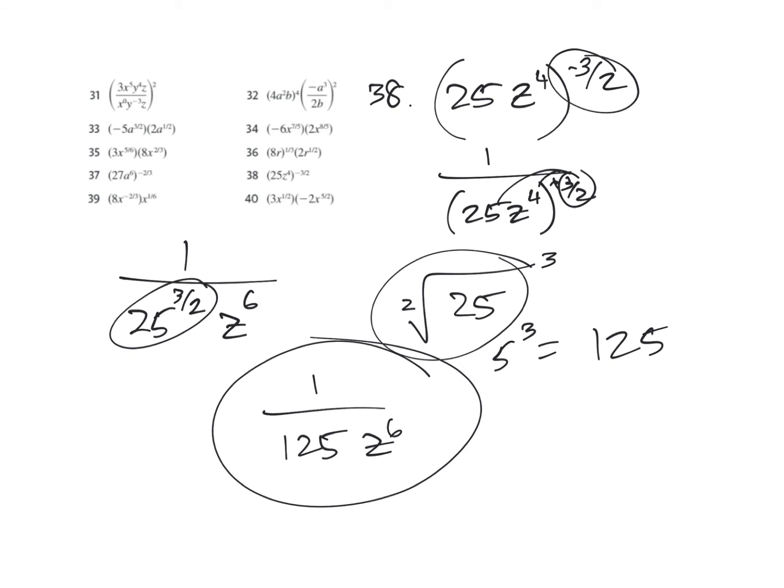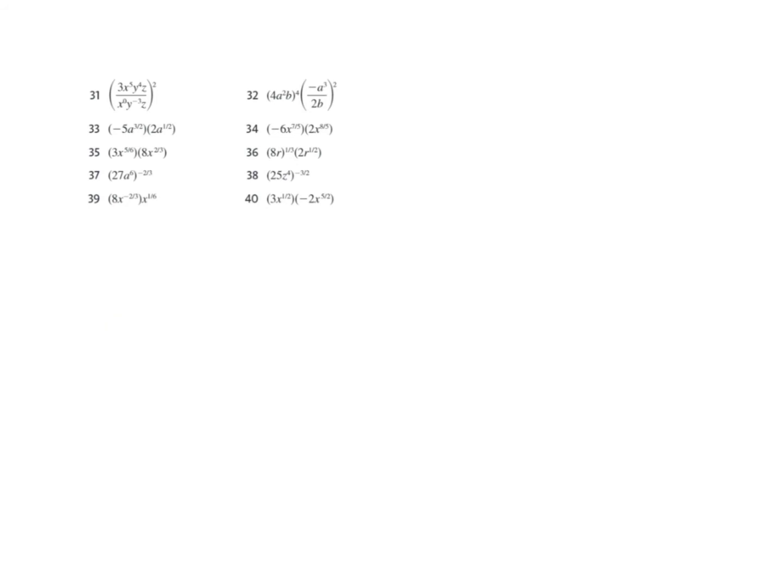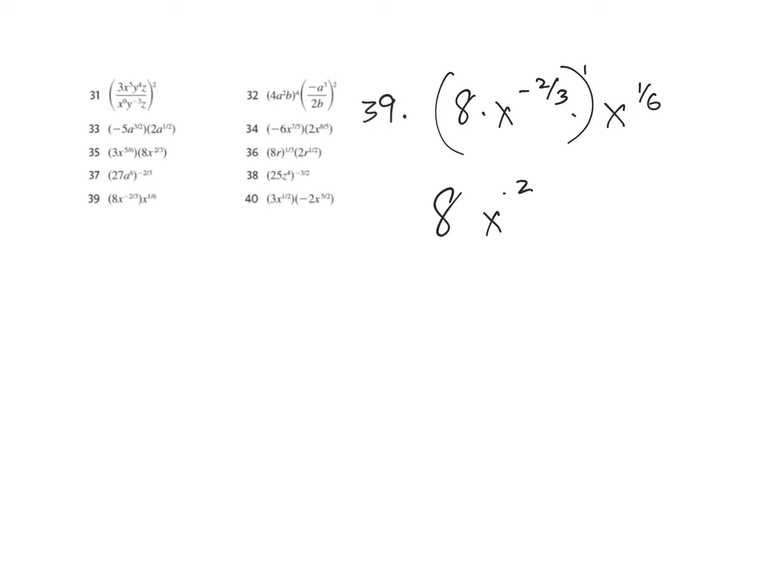Okay, so number 39. 8x to the negative 2/3. And that is times x to the 1/6, not raised to the x to the 1/6. So again, there aren't any other exponents to distribute, so this is just all multiplication. 8x to the negative 2/3, x to the 1/6.